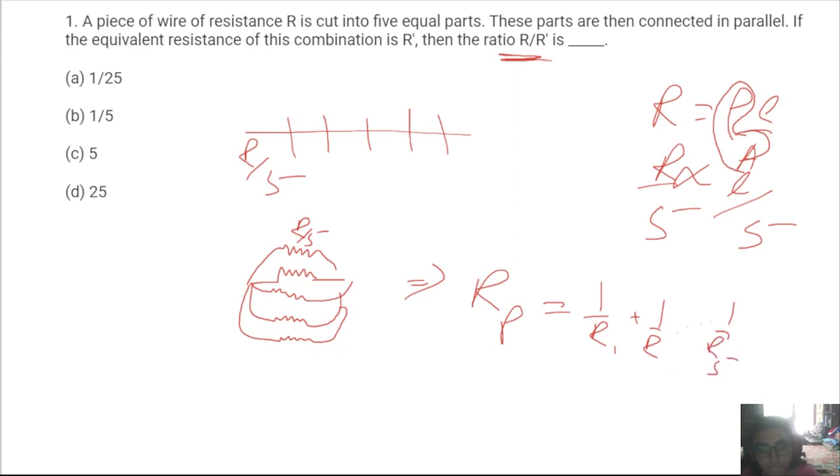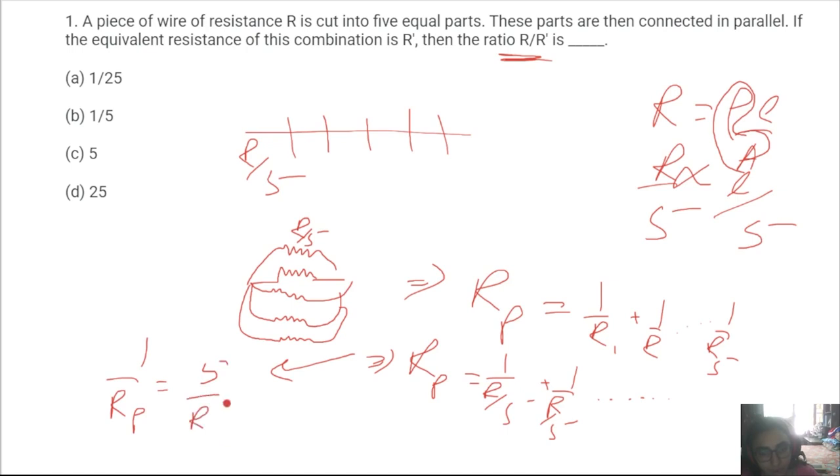Okay. Or 1 by Rp is 1 by R by 5 plus 1 by R by 5 as we do it. So this can also be written as 1 by Rp equals to 5 by R plus 5 by R again. I'm taking the 5 as common.